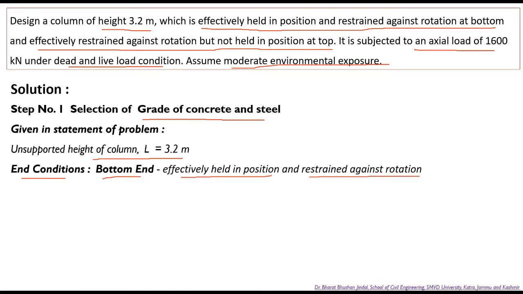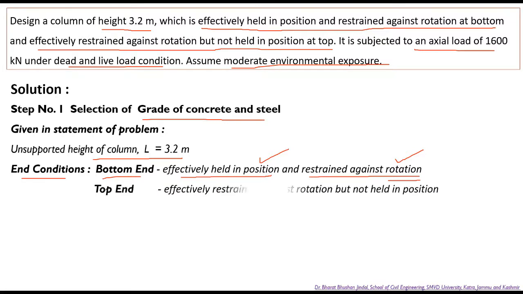So we can say that the bottom end is a fixed type of end, which is not able to displace from the position, as well as it is restrained against rotation. So the movement at that end will be equal to 0. That's why it is a condition where complete restraint is given.